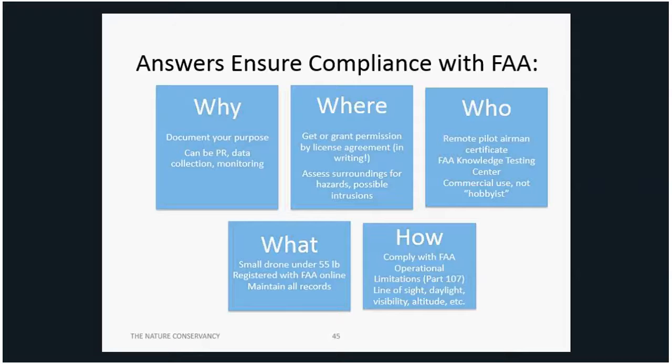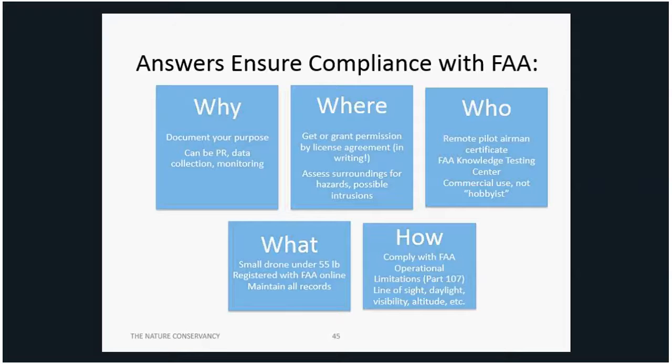The use that we have has been deemed to be commercial, and we've talked to attorneys who specialize in this kind of thing, and it would be inappropriate for us to fall into the hobbyist category. People have asked me, hey, I got a volunteer who wants to fly his own personal drone on our property. He says he's going to take a bunch of images, and it would be great because then he'll give them to us for free. Or partners will try to do that as well. And we really can't be trying to default into that category because it's a less regulated category. Even the people who are our volunteers or partners need to comply.